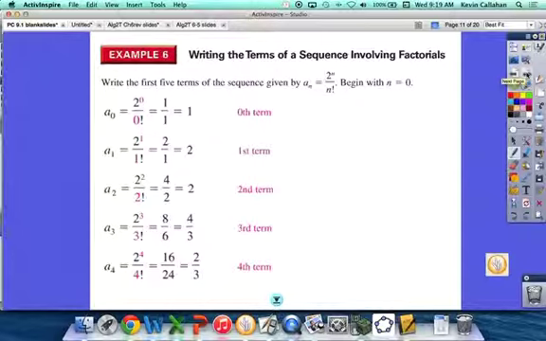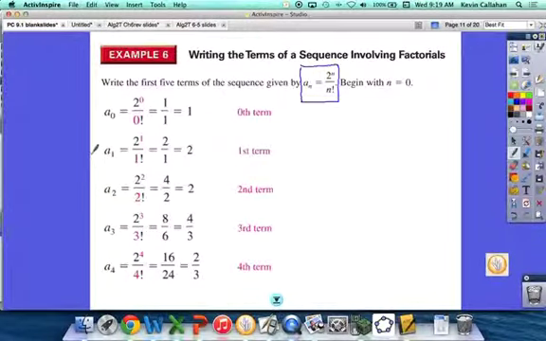Okay, so writing the terms of a sequence when there's a factorial involved. Here's the formula for the nth term of a sequence, a sub n, but there's an n factorial in the denominator, and it says start with n equals 0. So here's the first, the a sub 0. Since they said to start with 0, you would plug in for the exponent 2 to the 0.